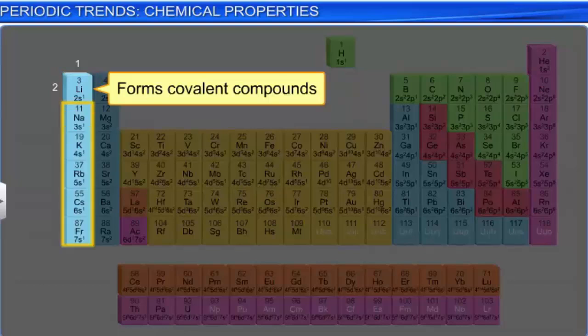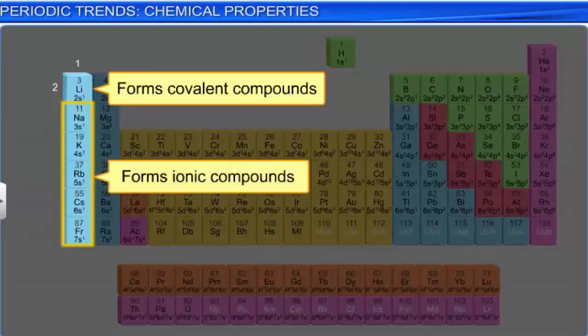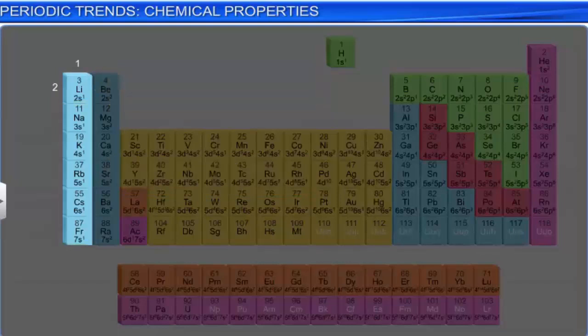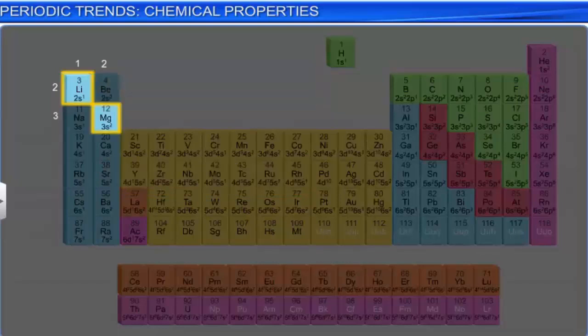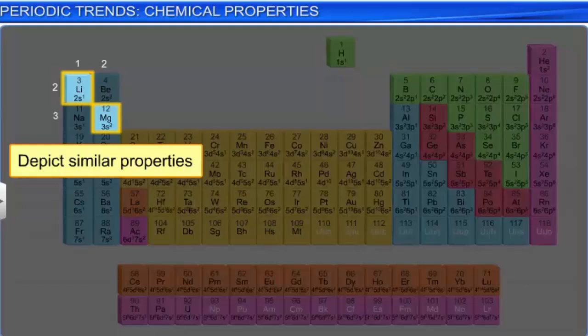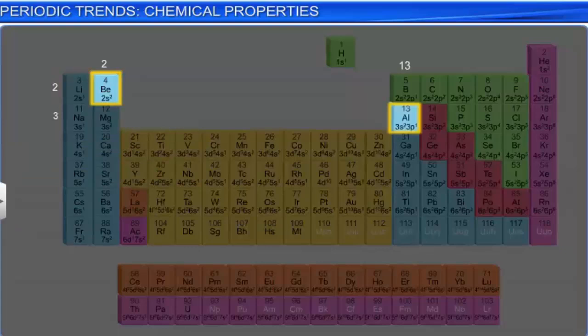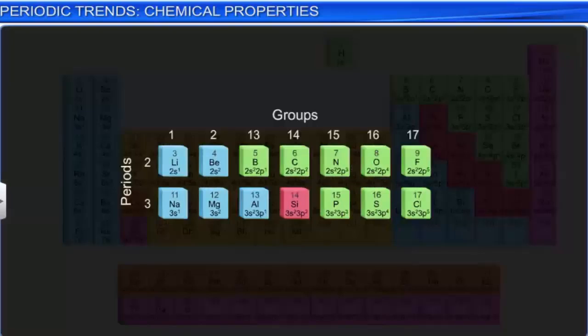The behavior of lithium is more similar to the second element of group 2, magnesium. Similarly, beryllium behaves more like aluminium, which is placed in the third period and group 13. This similarity in properties found amongst the elements that exist diagonally to each other in the periodic table is called diagonal relationship.